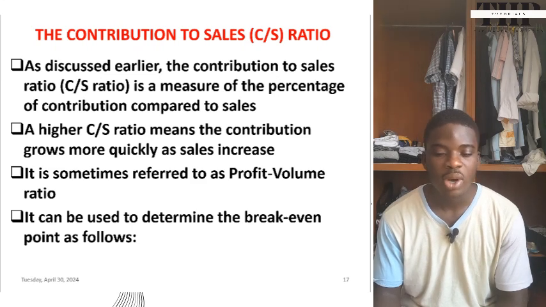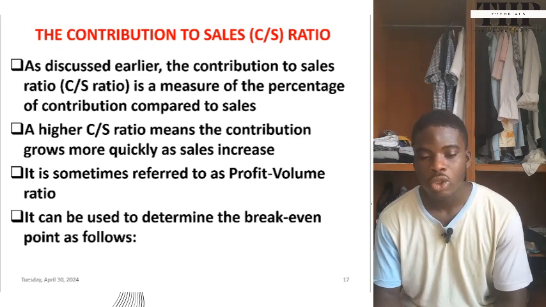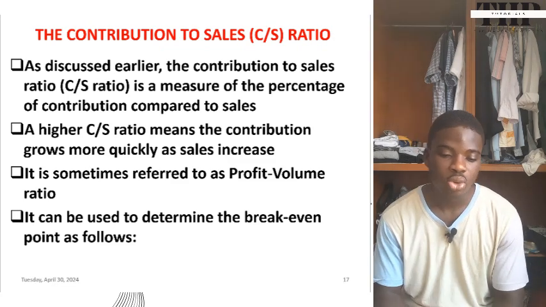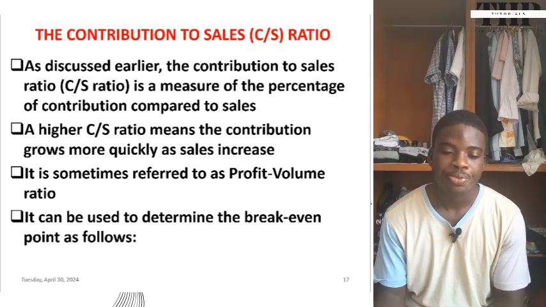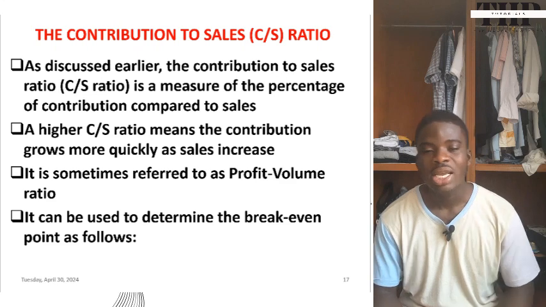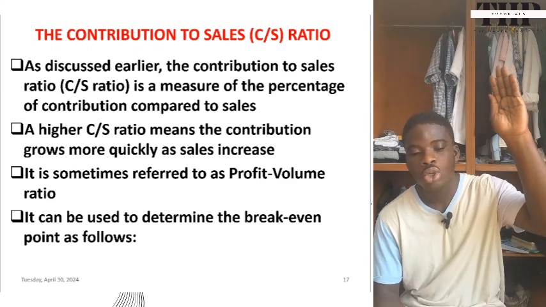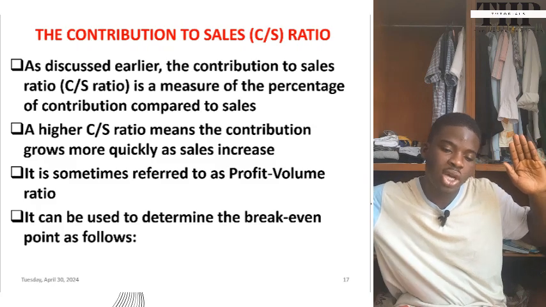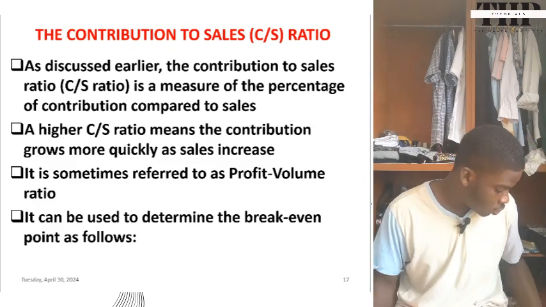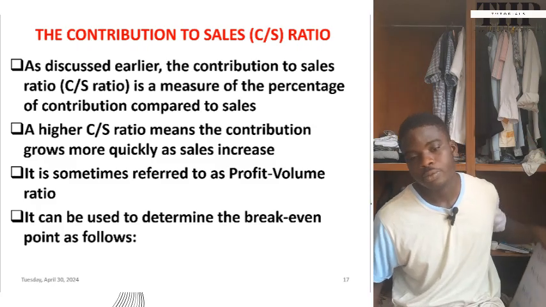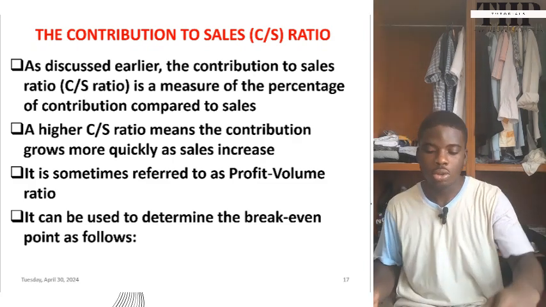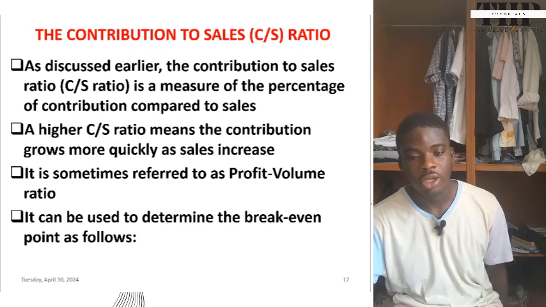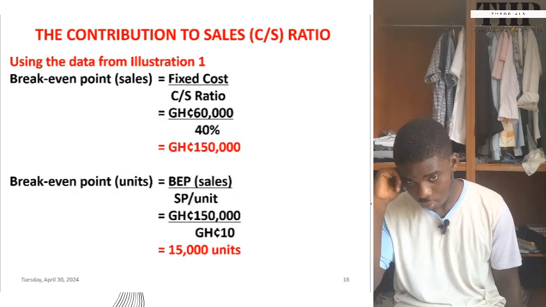It is sometimes referred to as the profit volume ratio, right? The higher the CS ratio, the more quickly the contribution grows as sales increase, right? So this is the formula. I'll be writing it. Don't worry. You cover this also in there.